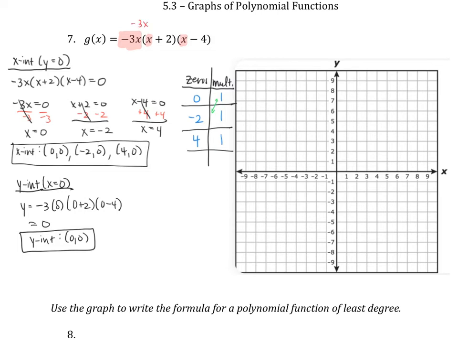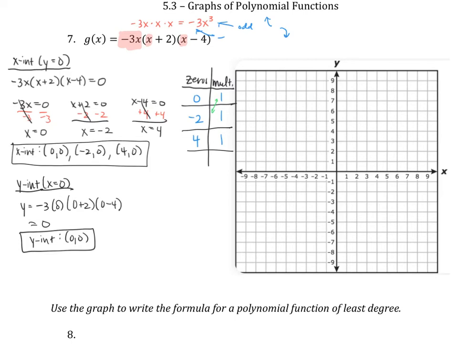So -3x times x times x will give me -3x cubed. So that is my leading term. So this is a negative and an odd. So this is going to be up on the left and down on the right. So that's the end behavior.